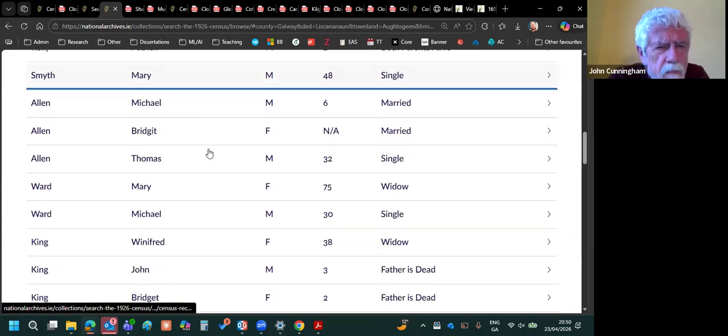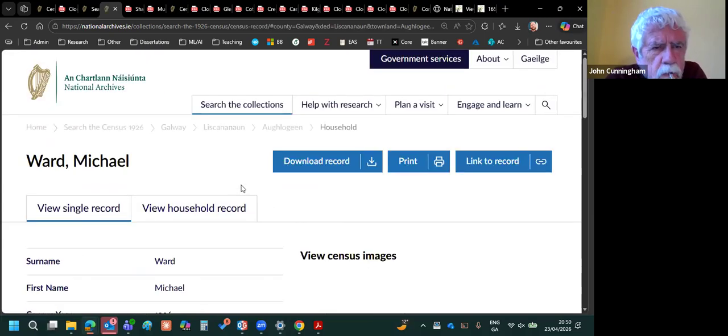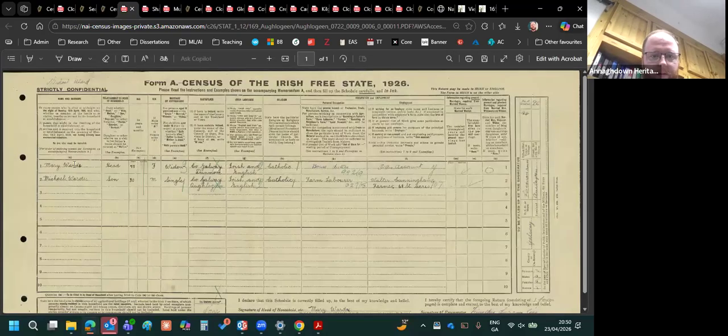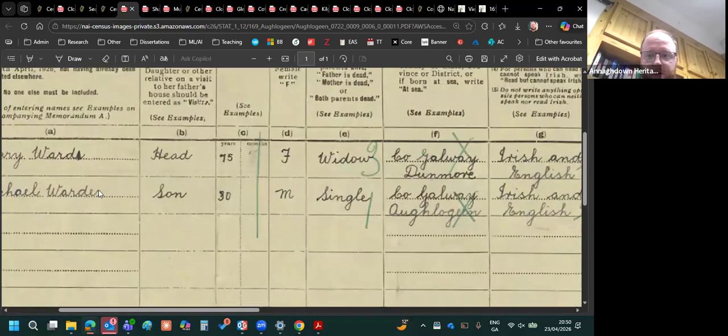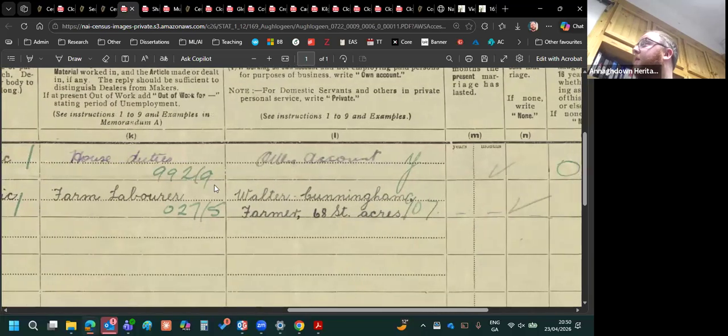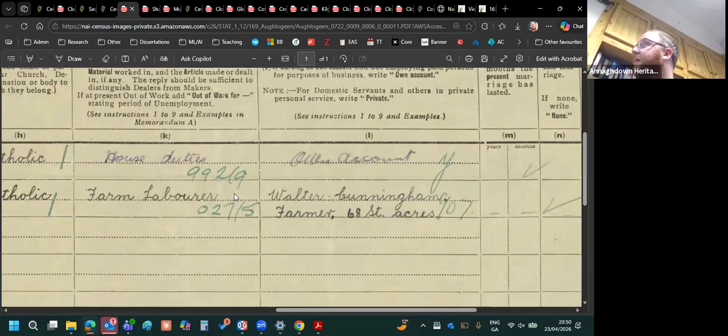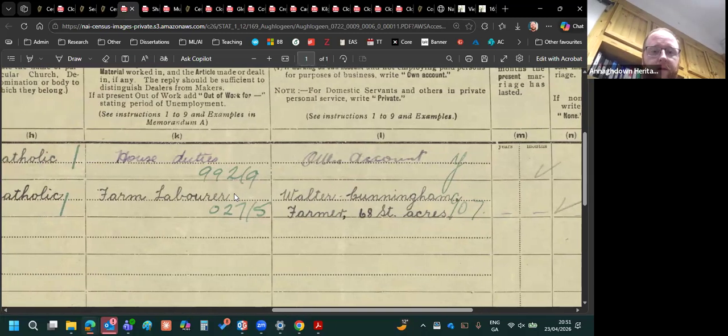So here, ward. Yes. There's a Michael Ward here. And the only reason I noticed it is when I went into the form, he's listed as working for my great grandfather, Walter Cunningham here. It was nice to find those little details that you wouldn't really expect to find, but they're really nice to find.